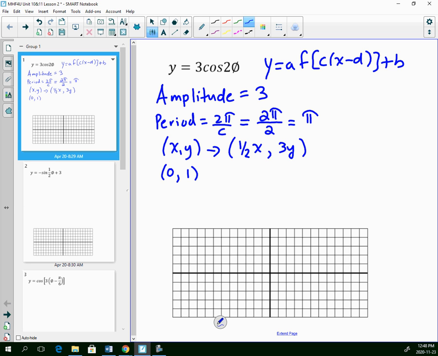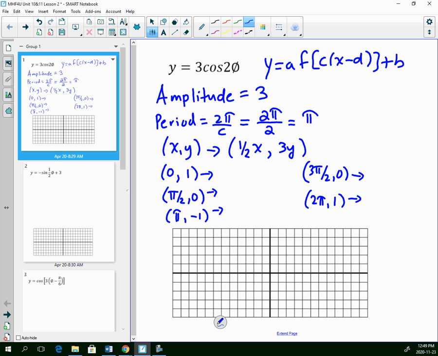And then we would list our mapping notation, keeping in mind it's cosine. Cosine starts at the top, and then it goes to the middle, and then it goes down to the bottom, and then back to the middle, and then completed at the top. We're just going to apply these transformations to these points. These are the critical points that give the graph its shape. So every x I'm going to multiply by a half.